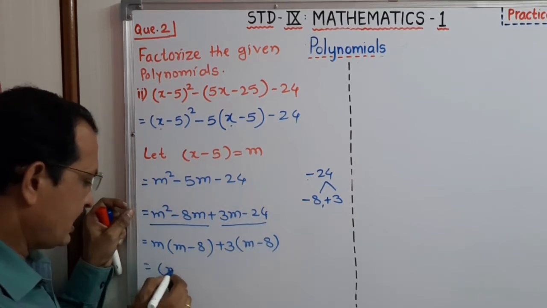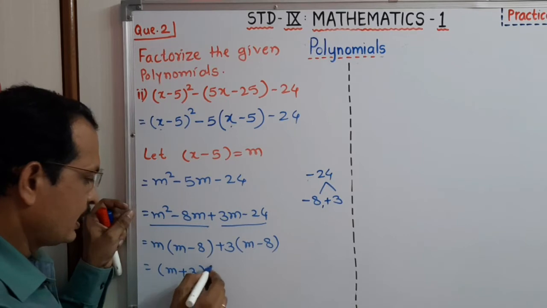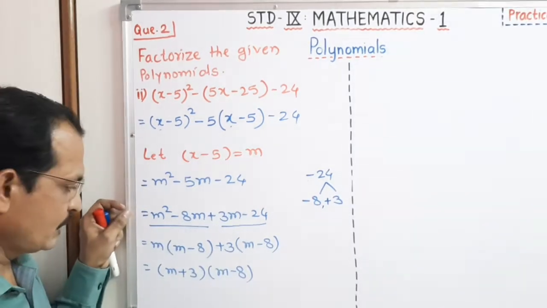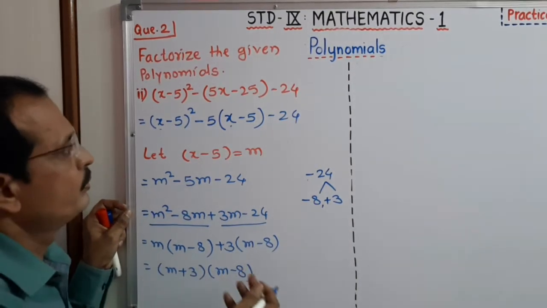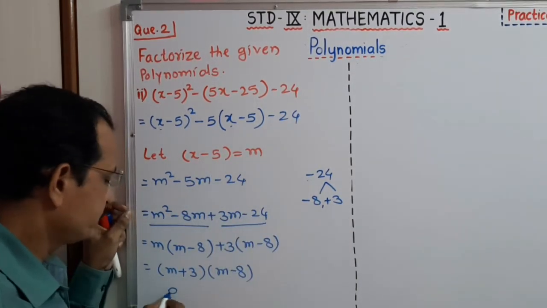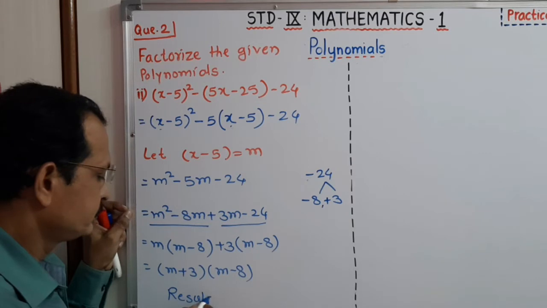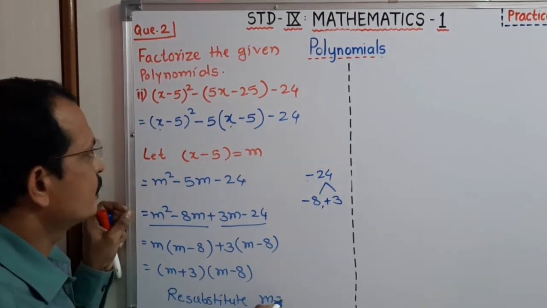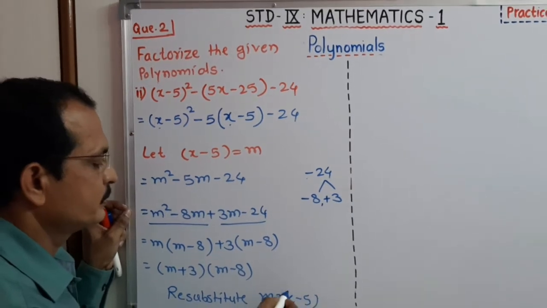Now dear student, m plus 3 and m minus 8. Now again resubstitute. M is equal to x minus 5.